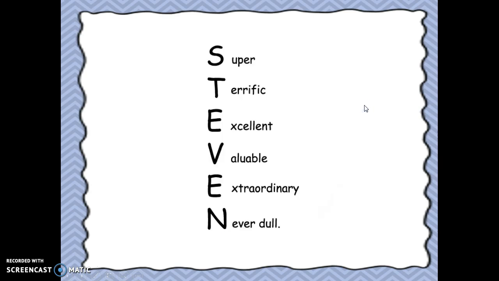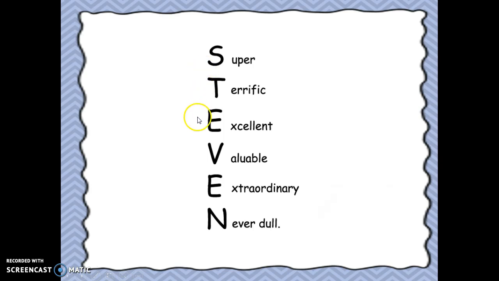And here's one more example. I bet you would enjoy trying one of these types of acrostic poems. You can use your own name. This is Stephen. And Stephen wrote an acrostic poem. He chose one word, except for the last line's got two. But he chose just some short words to describe himself.